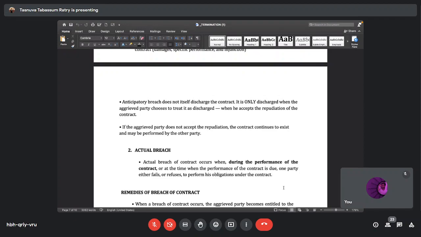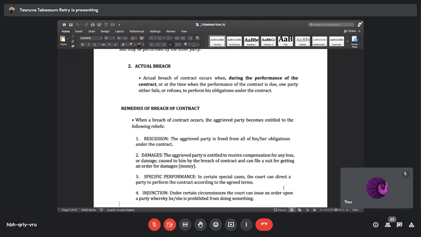In both cases, the parties are entitled to receive remedies, and they can discharge themselves from all the obligations that have arisen from the contract.